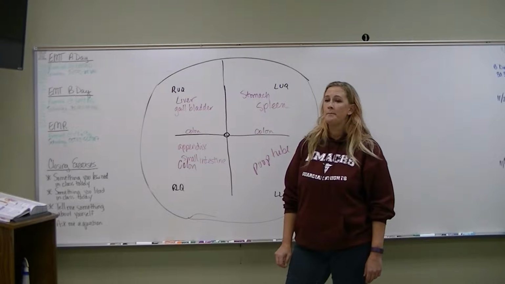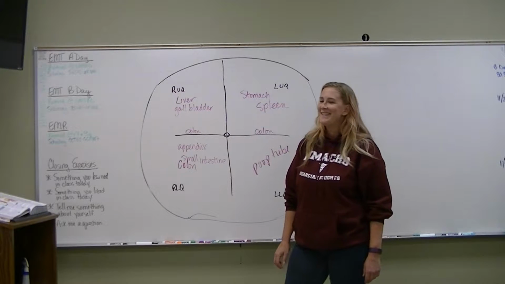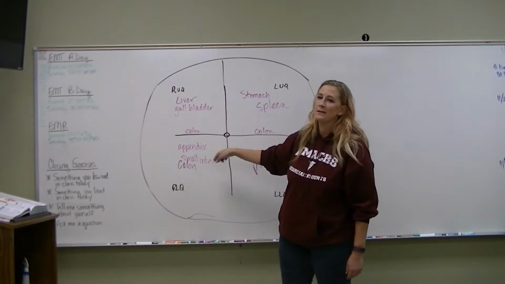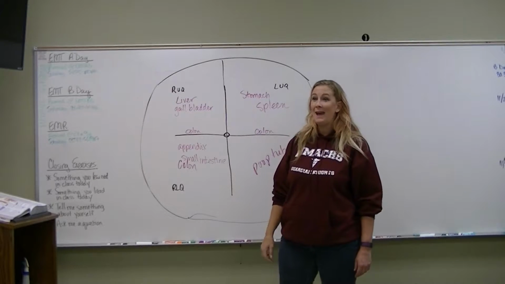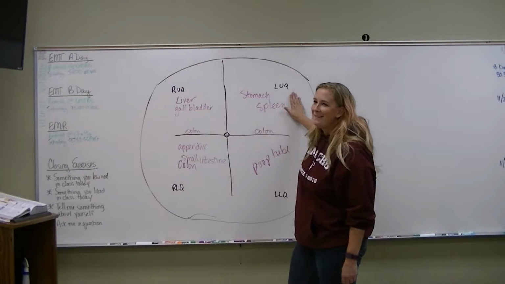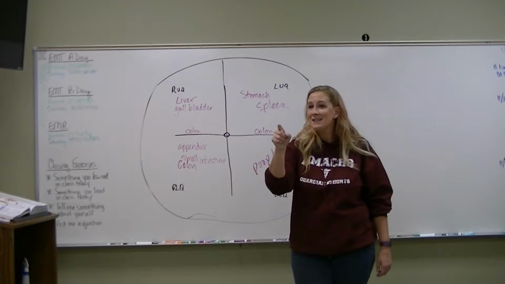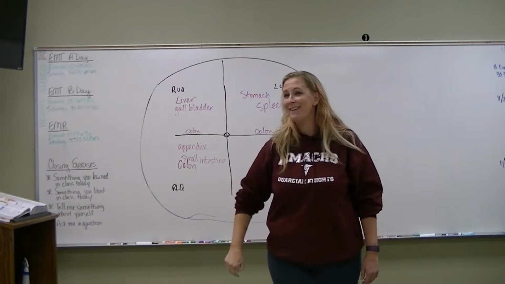Bruising where? You might see bruising here, but it's actually more likely that you're going to see bruising around the umbilicus. But this is where your spleen is at. Left upper quadrant. Not right. See, if you had danced, you would have gotten it right.